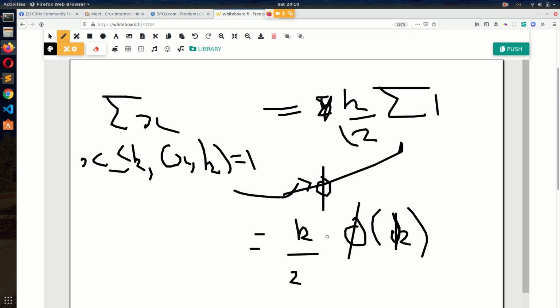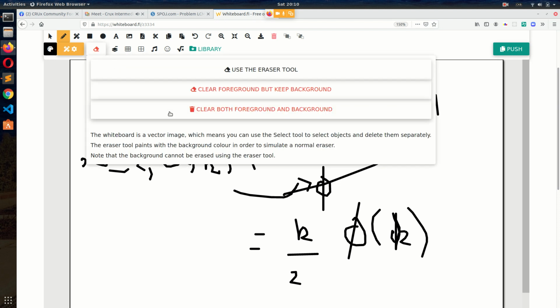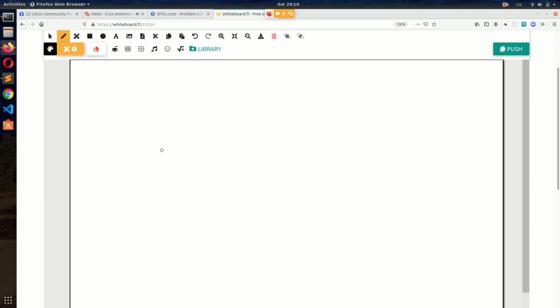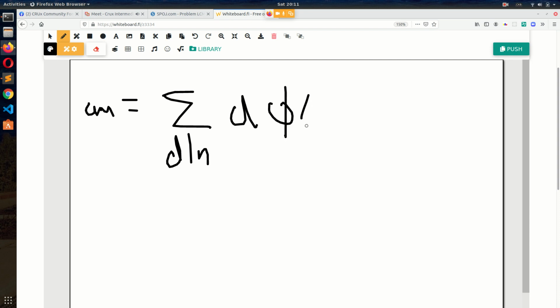So f of k works out to be k by 2 into phi of k basically. Does everyone get how we reached here? Yes. All right. So now to plug it back into the answer. So the answer is sigma of d divides n, d into phi of d divided by 2. This is the solution to the problem.